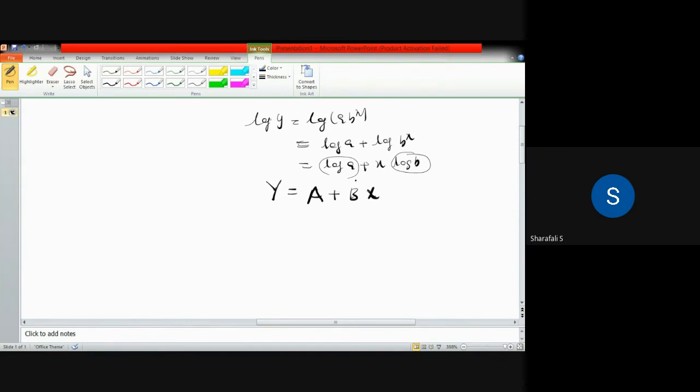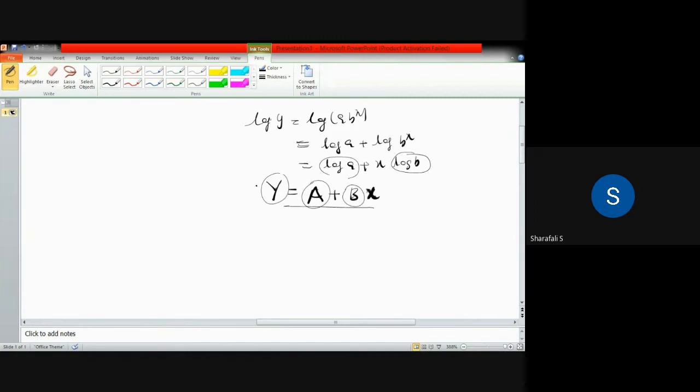So now, if you consider this as capital Y and this is small x, then this is just like a straight line equation. Now find out what these coefficients A and B are.